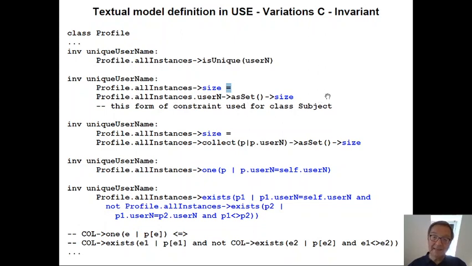The asSet operation here will remove duplicates. If it is such that the username is not unique, then we will have in this bag multiple occurrences of the duplicate username.